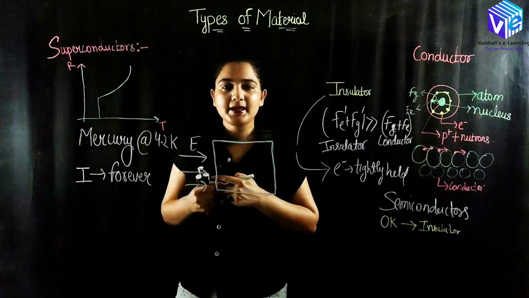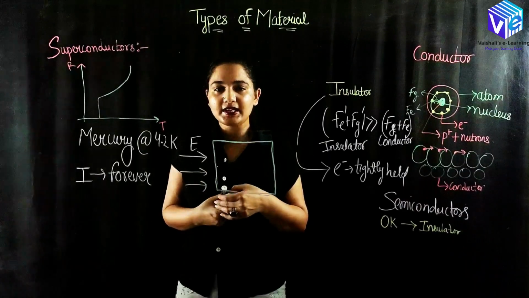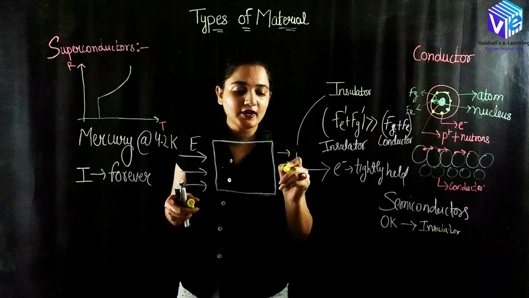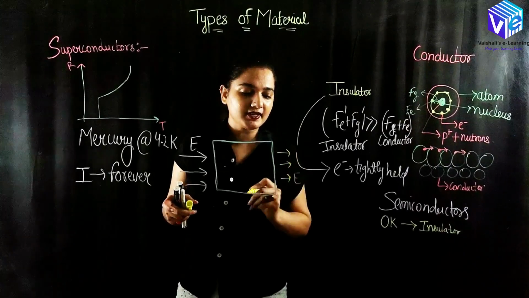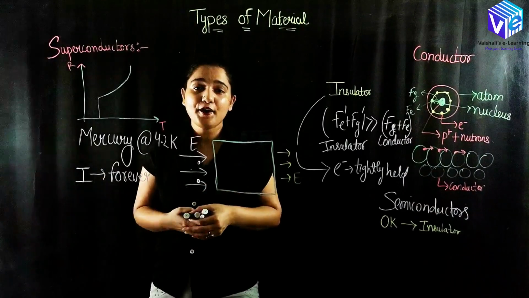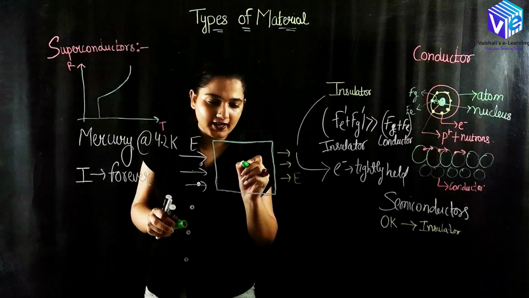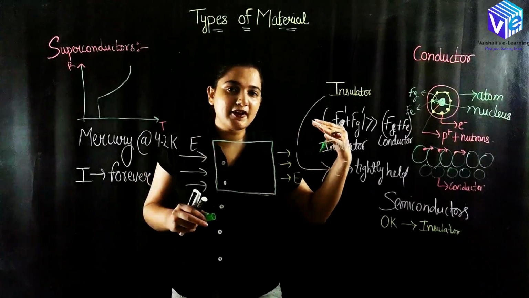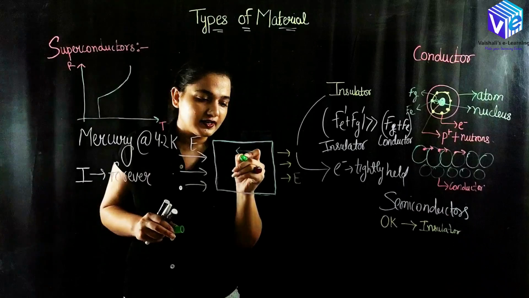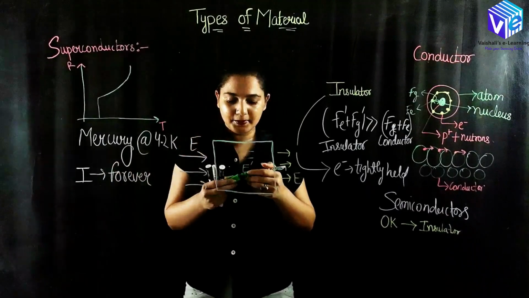The conductor has various free electrons, and these free electrons start moving with the help of this electric field. The electrons will be flowing in the reverse direction of the electric field, so inside we will have some E dash developed.